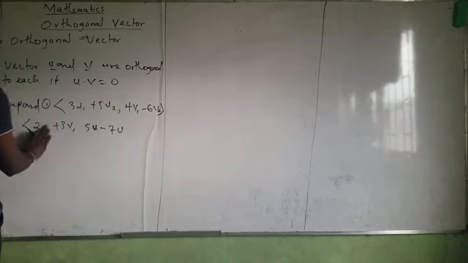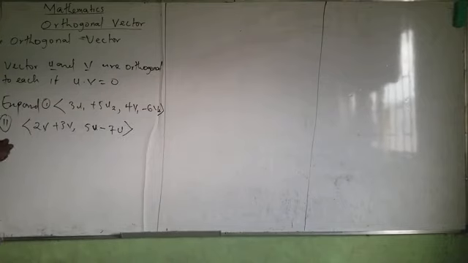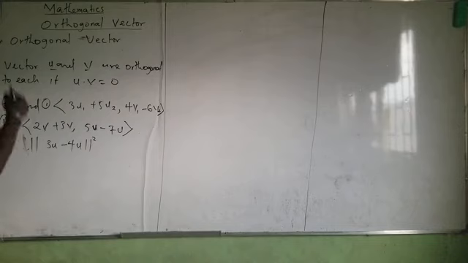This is v. And the last part of it, which is number 3, I have the norm of u minus 4u, norm squared. That is what I want to work on.